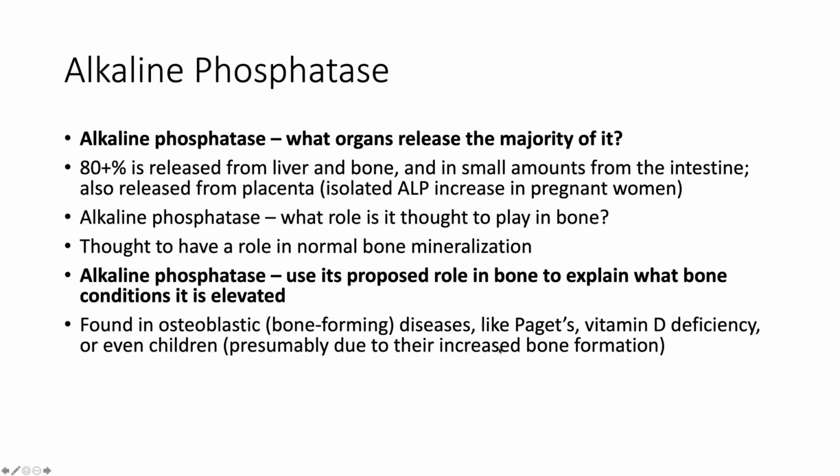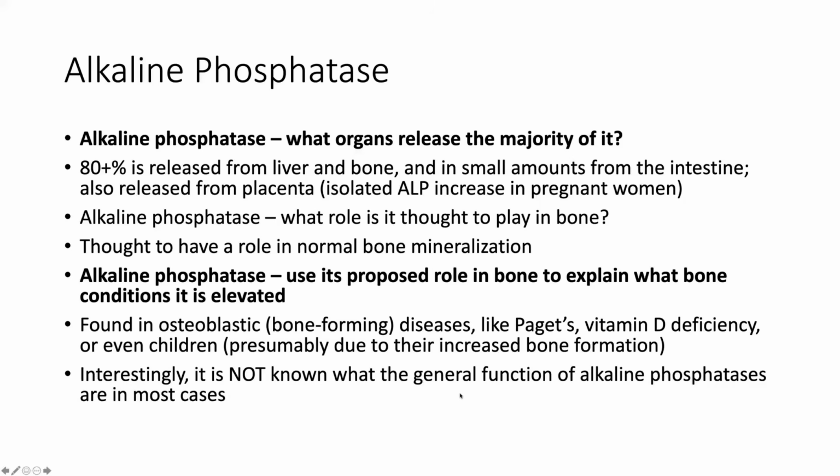That's why they have more osteoid, right? The osteoid is basically just the collagen. So you are trying to lay down all that collagen and mineralize it. You just don't have the calcium and phosphate to actually mineralize it. But you're trying to, right? Which is why your alkaline phosphatase is increased. Cool?